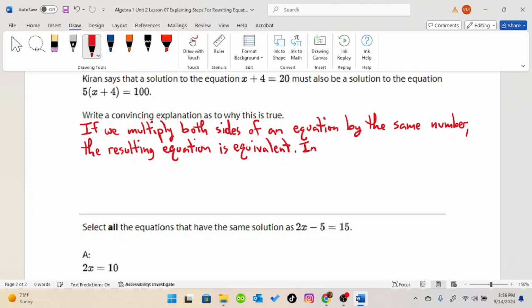In this example, both sides were multiplied by 5.